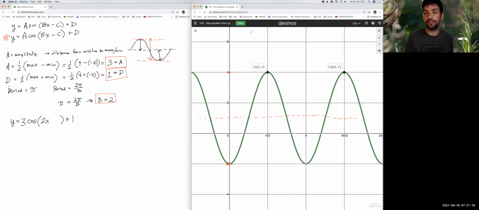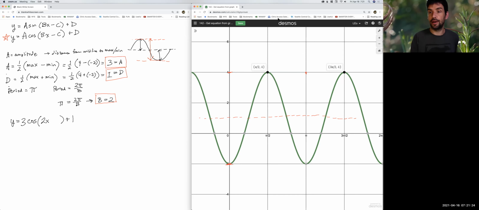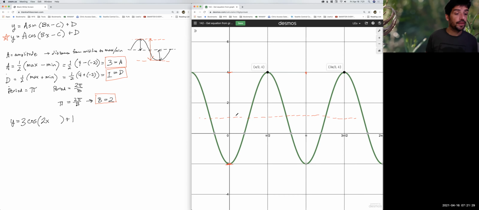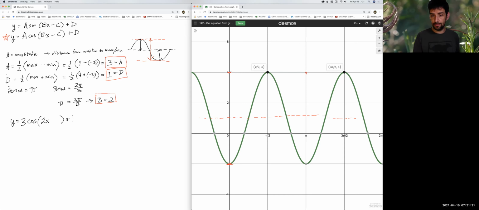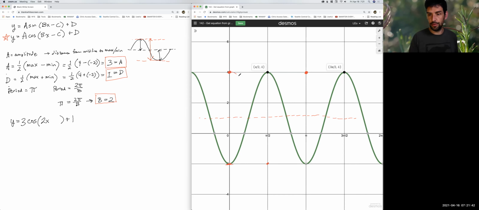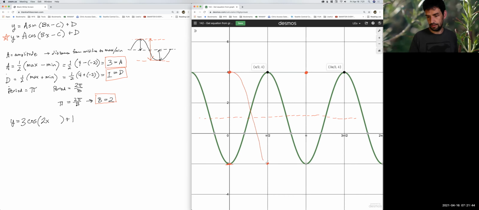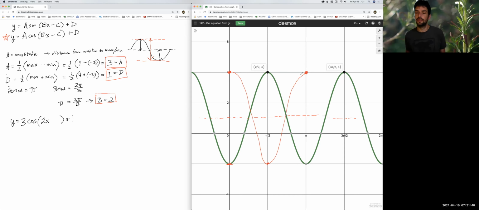And the period is pi, so I should do a full period by the time I get out to pi. Well, if this is all I wrote, cosine starts out at its maximum and will do a full period by the time it gets to pi, so that means it must hit its minimum halfway through. We would have a graph like this, right?